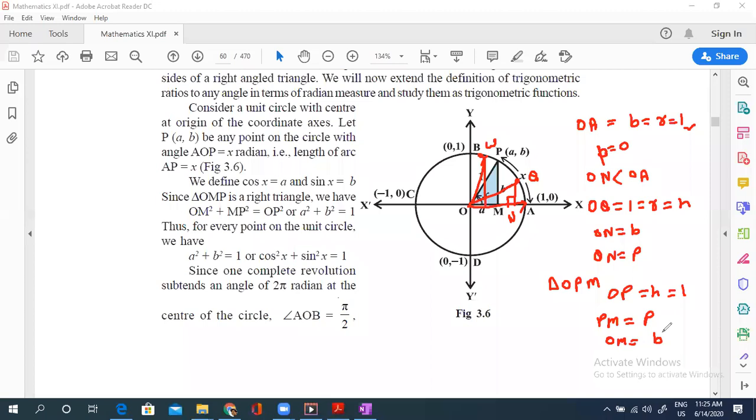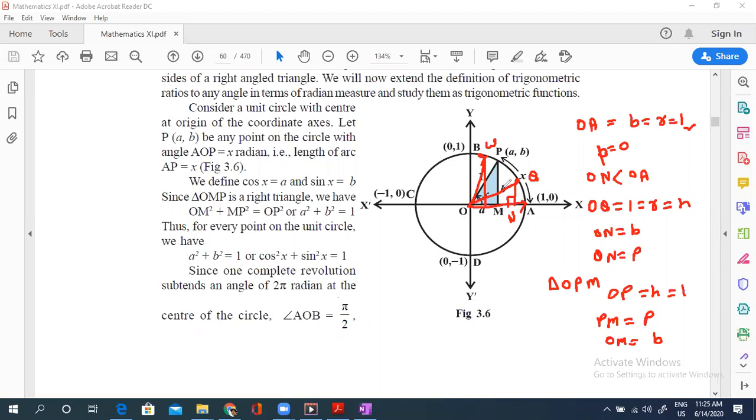I'm just saying that if I have a point moving from point A to point B, and I have taken 3 points Q, P, and W. When we talk about Q, we have QN as your perpendicular and ON as your base.